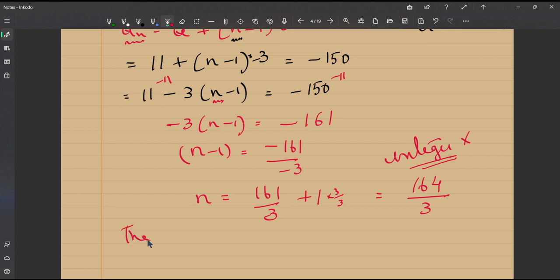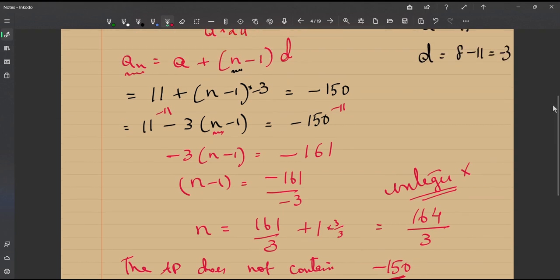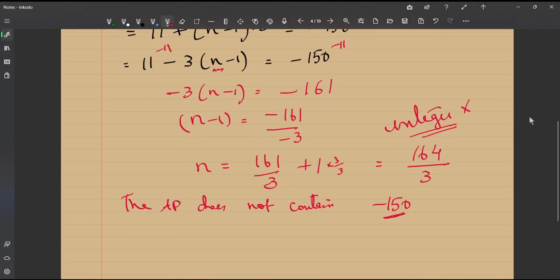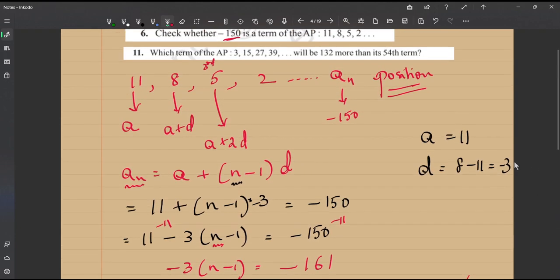The AP does not contain minus 150 as one of its terms. This is our conclusion. Now what about the second question? The second question is, which term of this arithmetic progression will be 132 more than its 54th term?